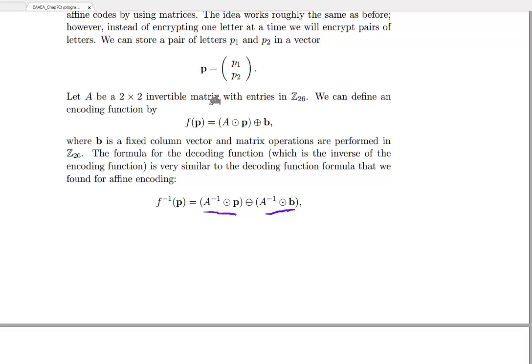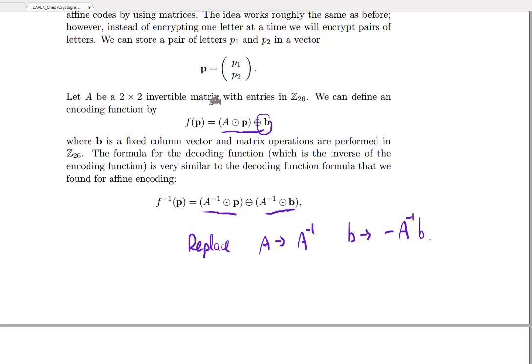Now, what does this mean? This is very similar to the encoding. What it does is it replaces A with A inverse, and it replaces B with negative A inverse B. Okay?